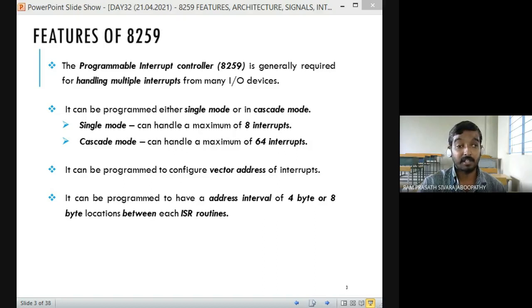What about the vector address for RST1? N equal to 1. So 1 into 8 is equal to what?